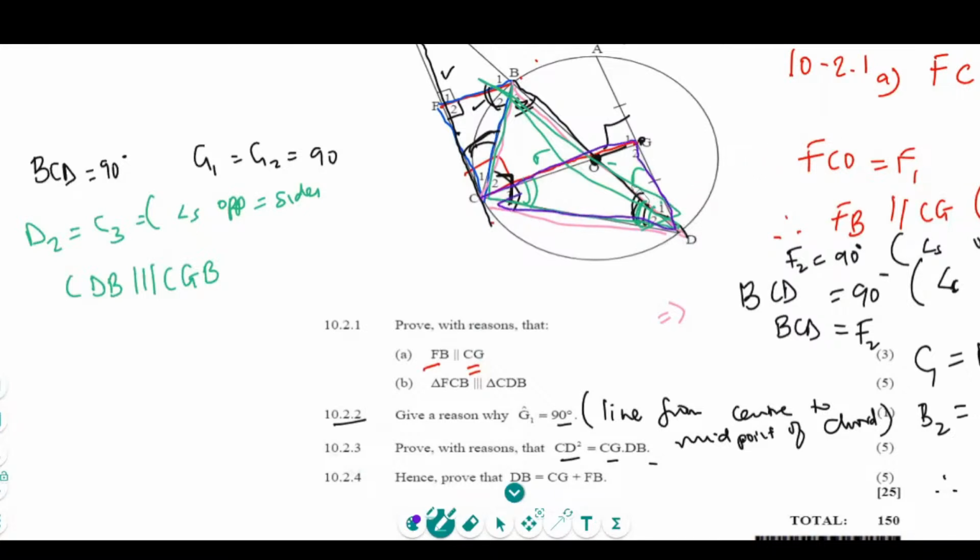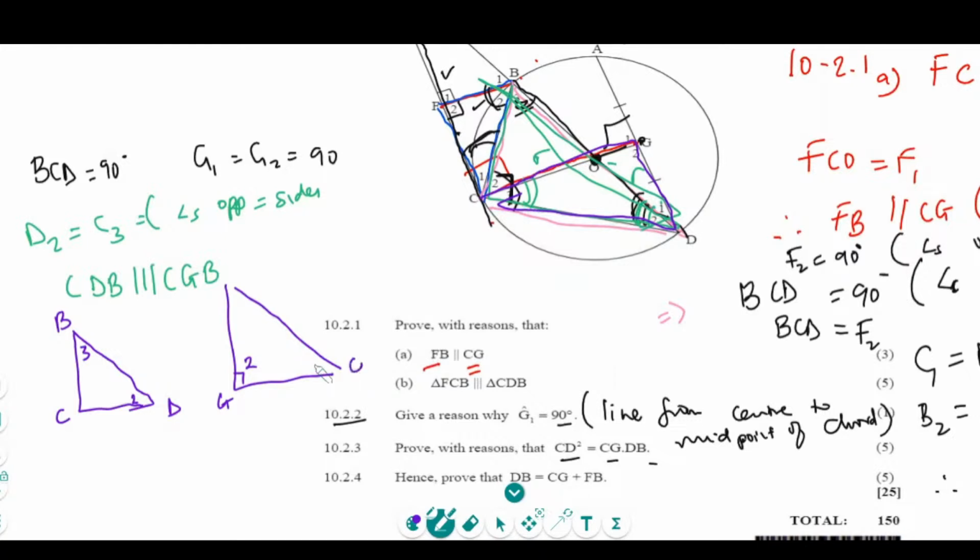Okay, so what I would prefer is to sketch this separately with the corresponding sides. So this is the whole of C, that is the whole of B3, and then this is the whole of D2. And then if I sketch this other one, in the same order, I'll have this as my G2, and then this angle C3 is the same as D2.